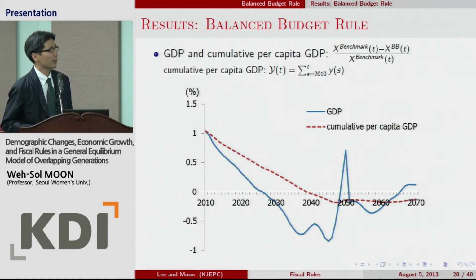But in this area, the balanced budget rule will be better in terms of these two aggregate measures. If you look at cumulative per capita GDP, it's negative, which means the balanced budget rule gives us a bigger size of per capita GDP, in terms of a cumulative measure.